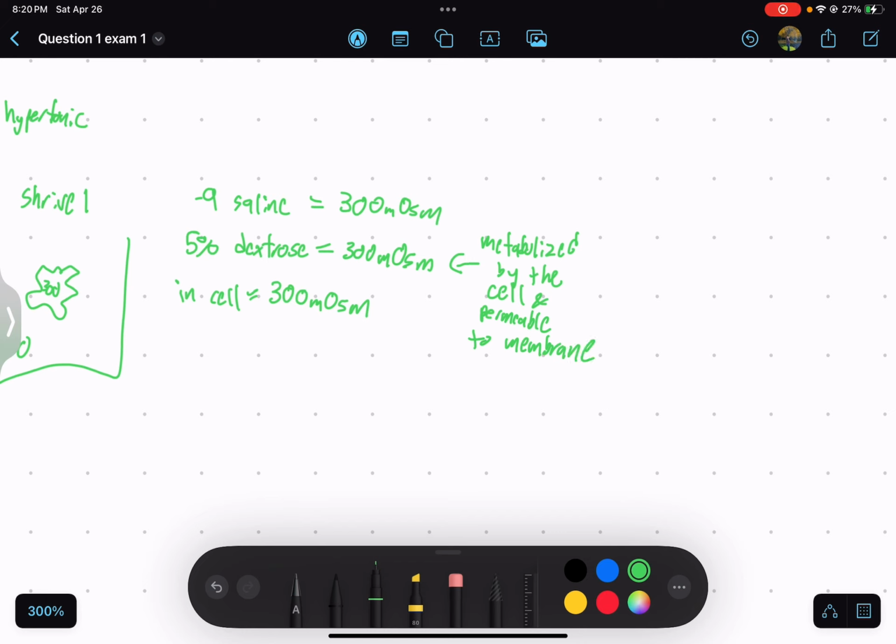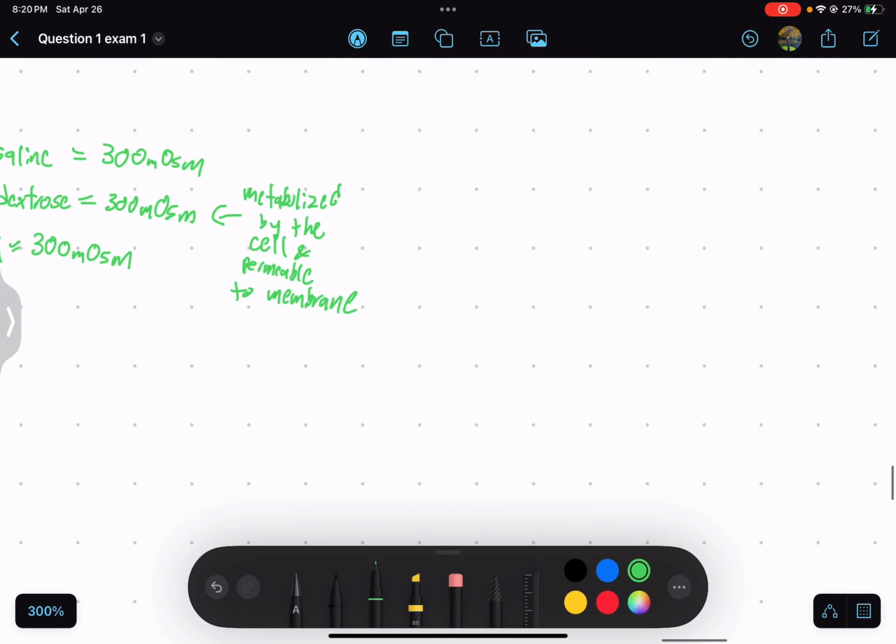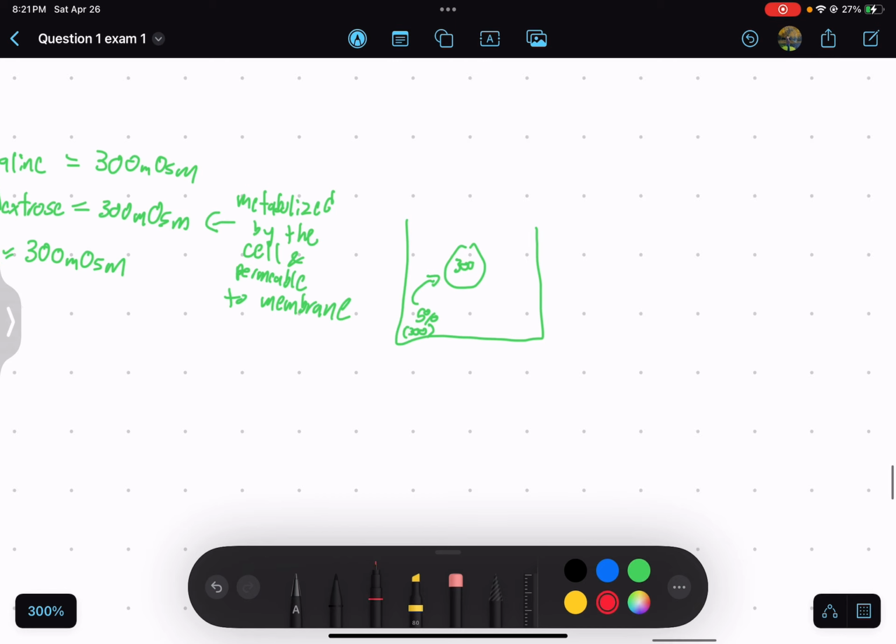This will also explain how you can have an isoosmotic solution but be hypotonic. Because if you have 300 milliosmoles in the cell, and you have 5% dextrose, which is 300 milliosmoles, that 5% is going to go inside the cell and get eaten up, essentially turning it to 0.